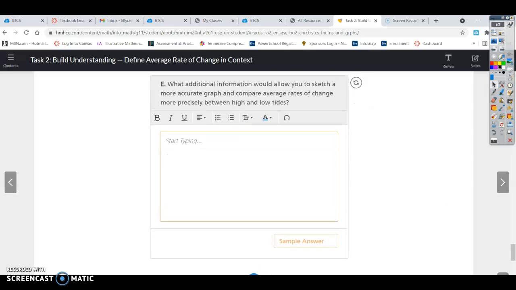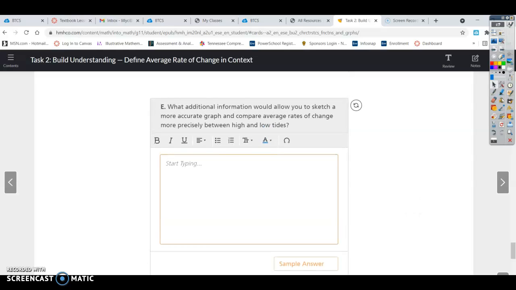All right. A sample answer would be maybe there's more points, and if there's more points, then it's going to be more accurate. So maybe instead of by the hour, they do it every half hour, and that way you would have more ordered pairs, which would make it more precise.